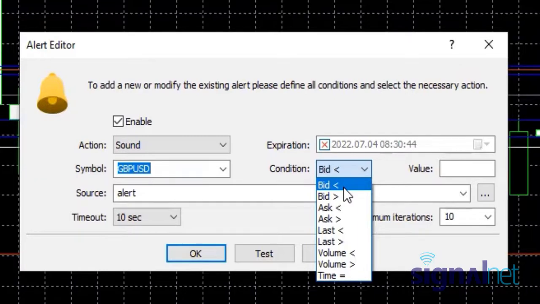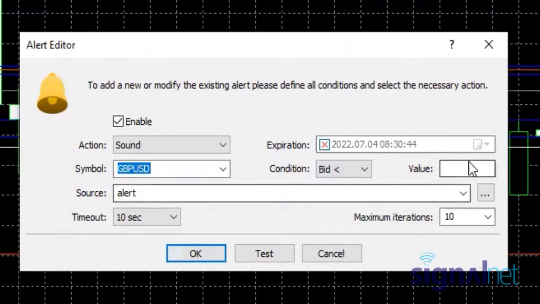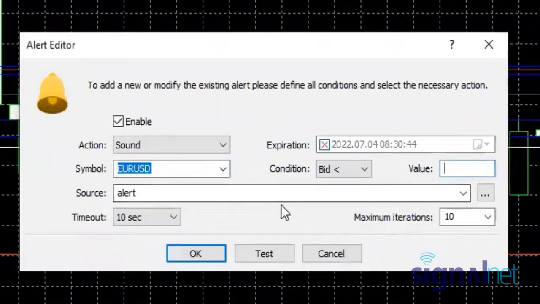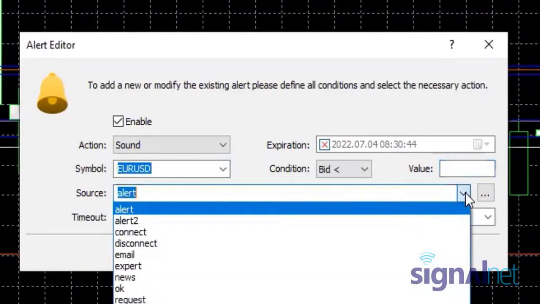Yes, sir. Okay, so right now, I'll try and set a practical alert. Let me target a price that is lower than the current market value. Let me change this to Euro USD because that's the one on my chart. The sound alert default is kind of okay.